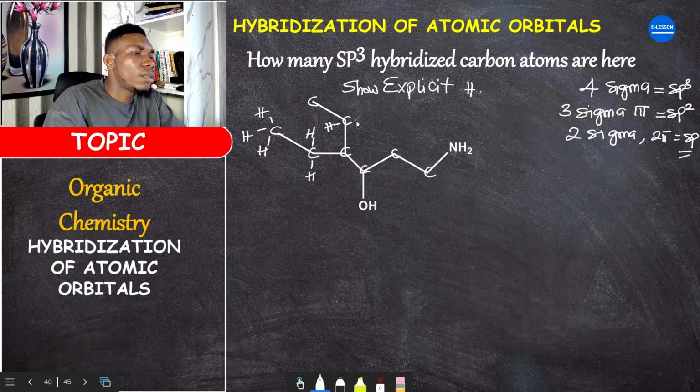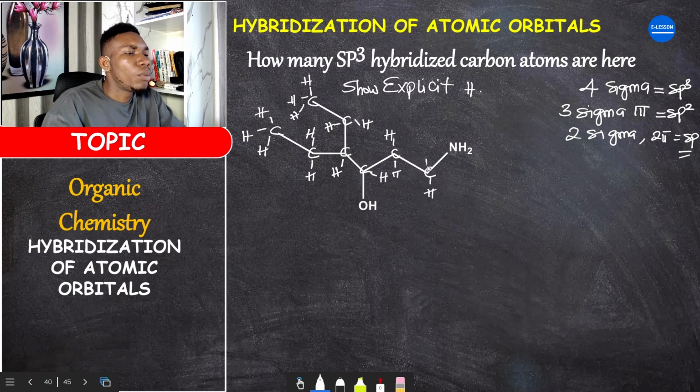Here, 1, 2 valence electrons. Here you have 1, 2, 3 to make it 4. Here you need to add 1 to make it 4. Here you need to add 1 to make it 4. Here you need to add 1 to make it 4. Here you add 2 to make it 4.